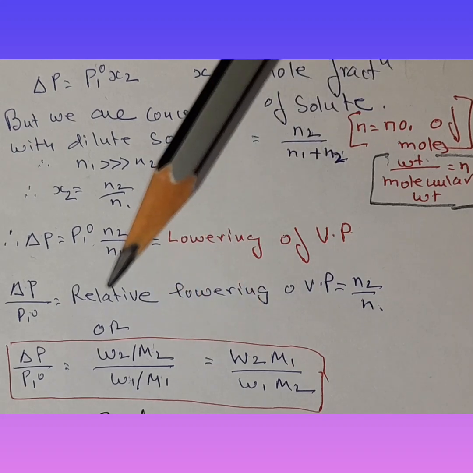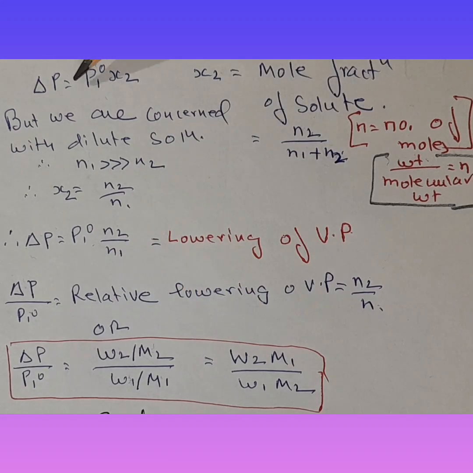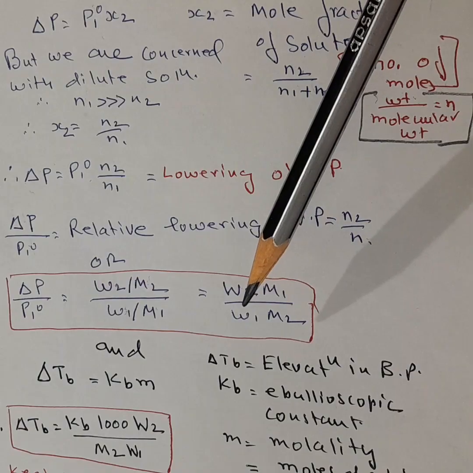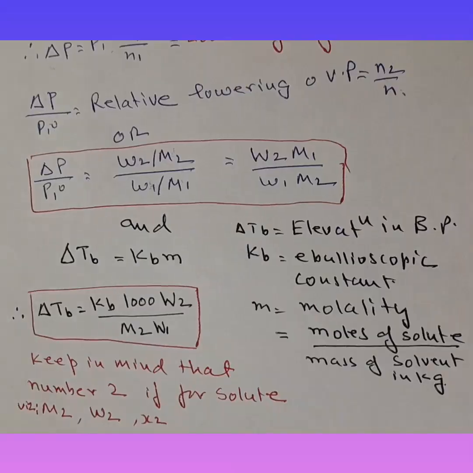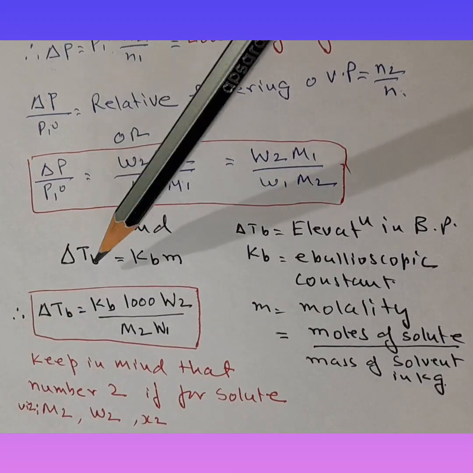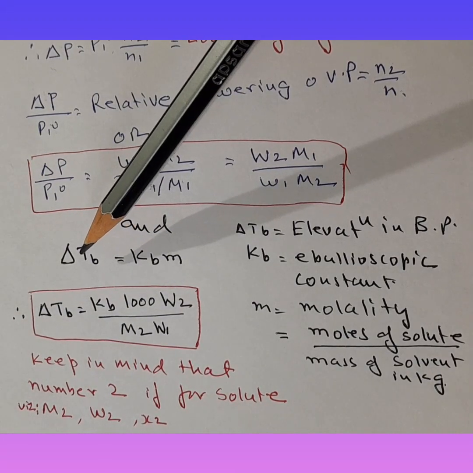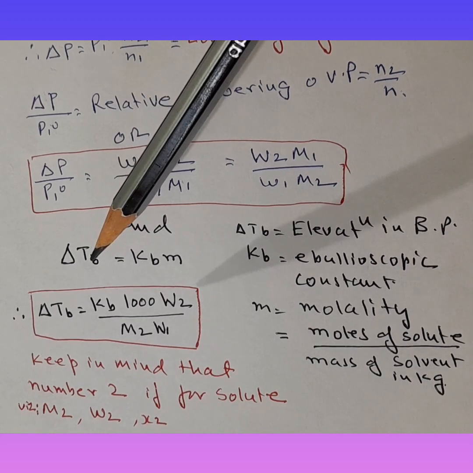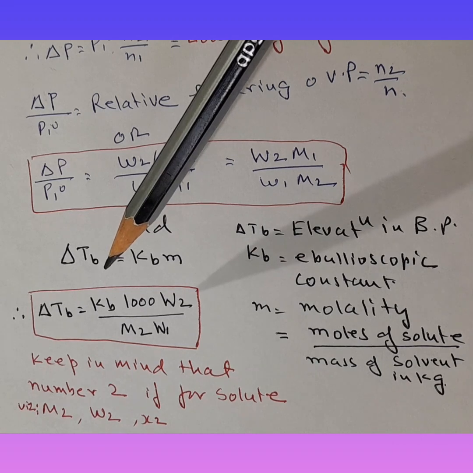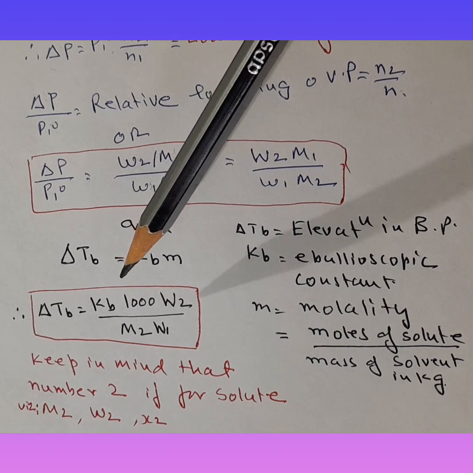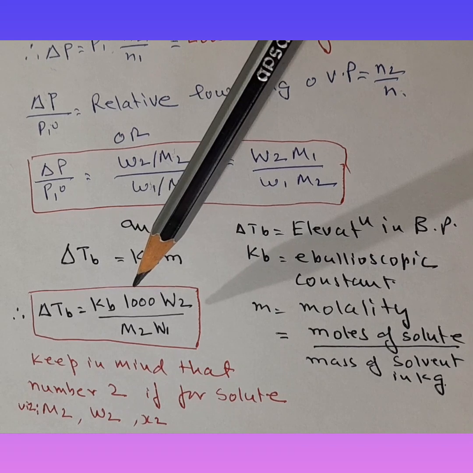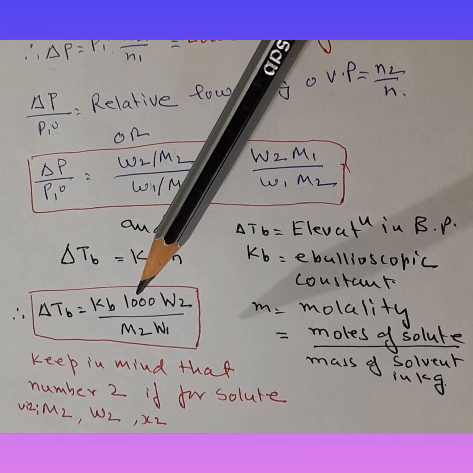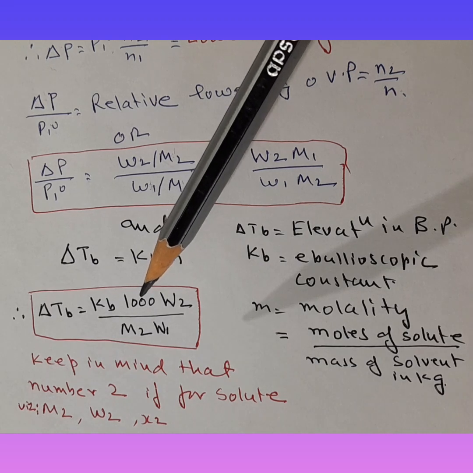So we earlier saw lowering of vapor pressure, then now we are seeing relative lowering of vapor pressure. Further, we also have to talk about del TB. Now what is del TB? Del TB is elevation in boiling point. Since vapor pressure reduced owing to addition of solute, obviously we have to heat the solution more to get vapor pressure equivalent or greater than atmospheric pressure.